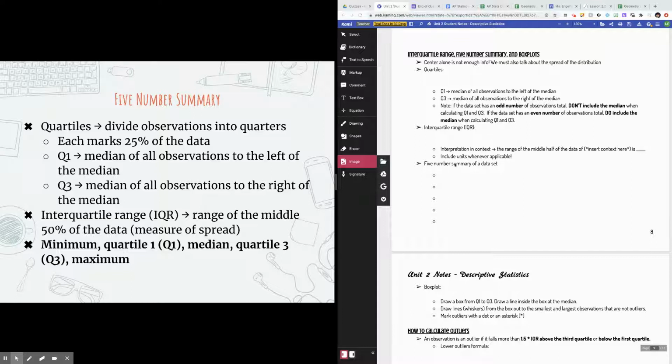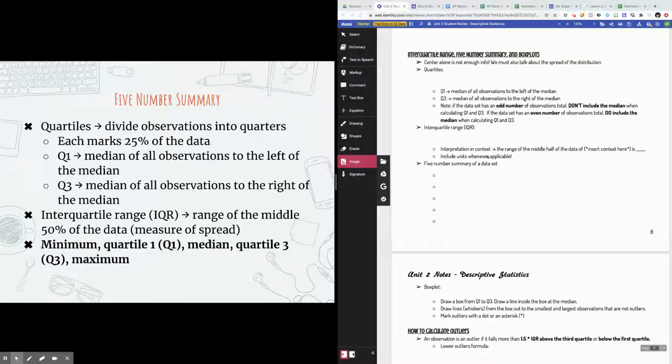So we use the 5-number summary and box plots and interquartile range and all of those fun things to talk about the spread of the distribution, as well as talking about outliers and if we have any outliers.